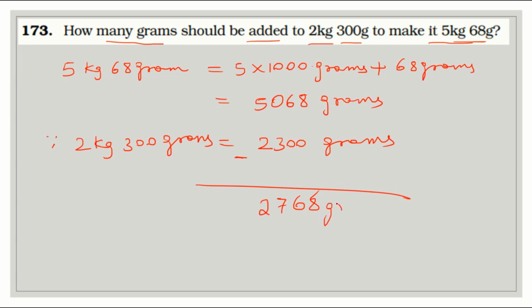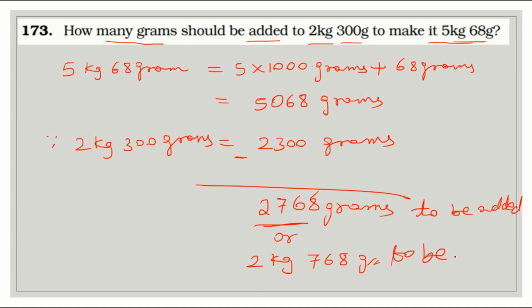That means 2768 grams to be added. The same thing can be written as 2 kg 768 grams to be added.